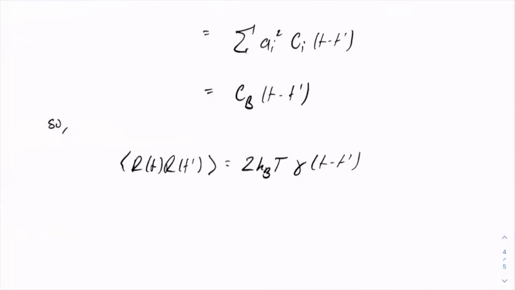So the friction and the random forces are exactly balanced to encode the temperature of the system.